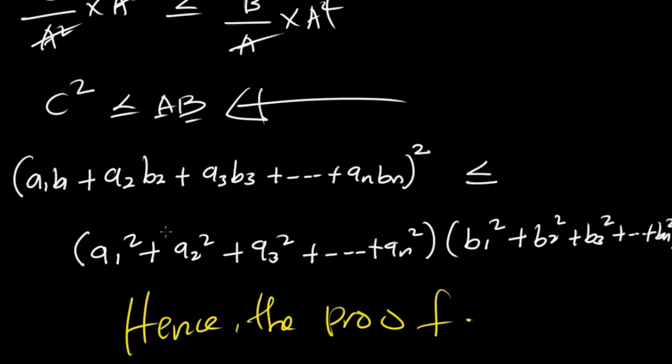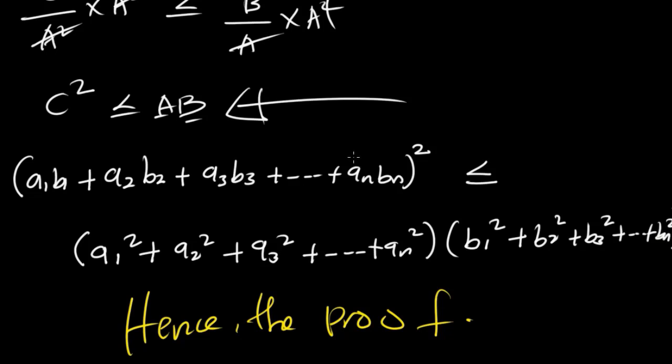So we have that a1 b1 plus a2 b2 plus a3 b3 up to an bn, all squared, is always less than or equal to a1 squared plus a2 squared plus a3 squared up to an squared, multiplied by b1 squared plus b2 squared plus b3 squared up to bn squared, for every real number a1, b1 up to an, bn.